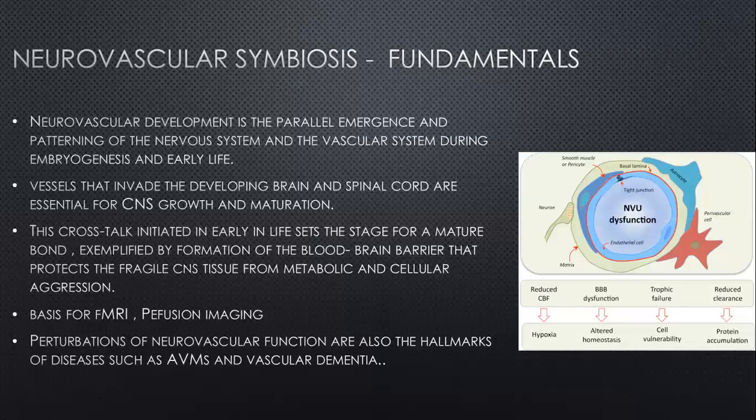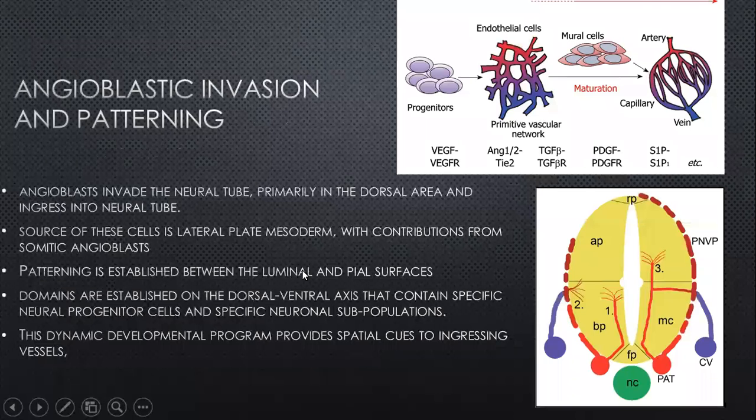He may have discussed with you what happens when there is a dysfunction of this blood-brain barrier with tumors, but also not just tumors. It is also a hallmark of other diseases when it's imbalanced, for example in vascular malformations, for example in vascular dementias. So very essential to understand that this is a very special relationship that exists.